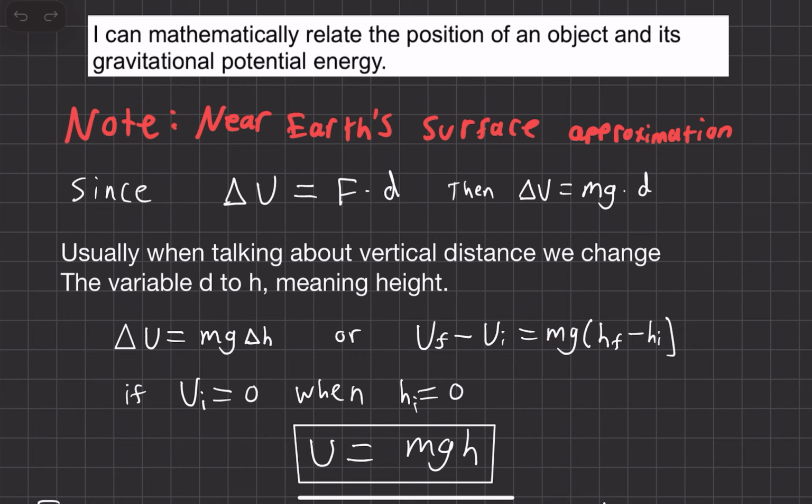And the gravitational acceleration constant, again, we're assuming it's near Earth's surface, so we're also going to assume that doesn't change. That does change if we are really high up. So if you drop something from low Earth orbit, this value is not going to remain constant. That's where we need that more advanced definition of the force of gravity that we're going to learn in a future unit. And we're going to be multiplying that by the final height minus the initial height.